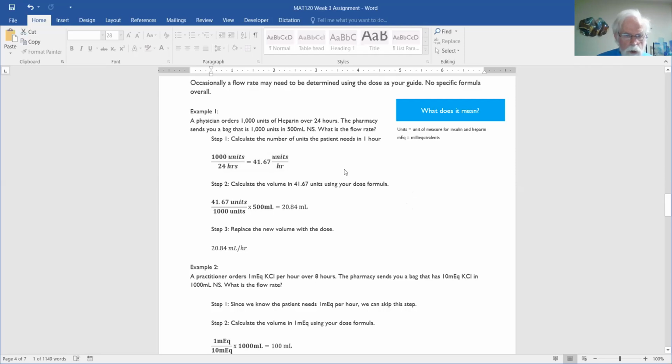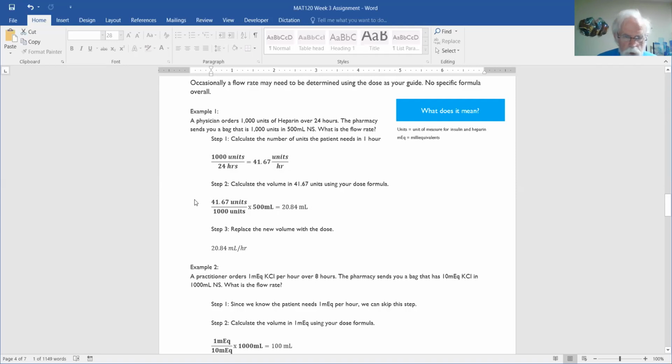Okay, so we know that we've got 1,000 units in 500 milliliters of normal saline. We were told that, so this is not a calculation. What we want to do is calculate a volume of material that's going to be given to the patient in an hour using this dose.